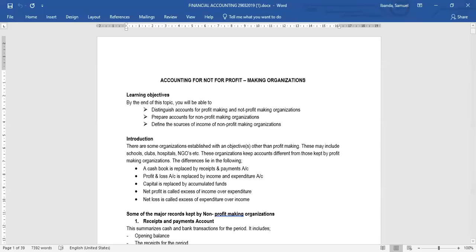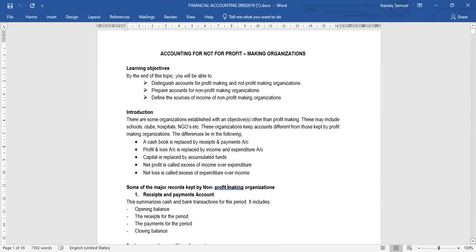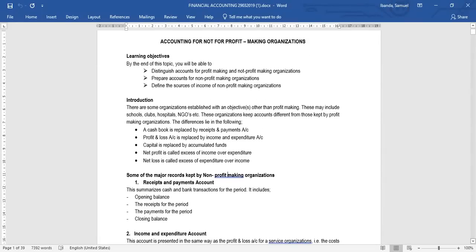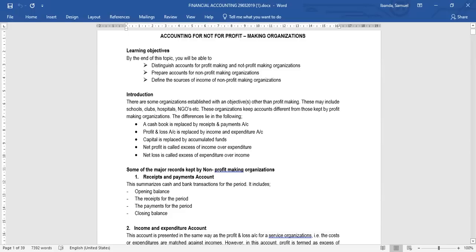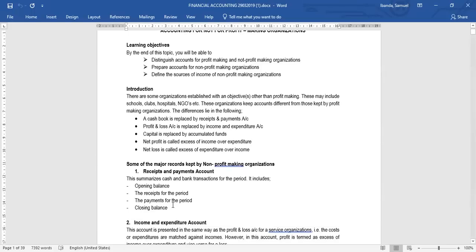So let's proceed. When it comes to the records that you'll expect, when it comes to the receipts and payments account, remember we've said this is our cash book, okay? This is a version of our cash book when it comes to non-for-profit. In here, the receipts and payments summarizes cash and bank transactions for the period, okay?